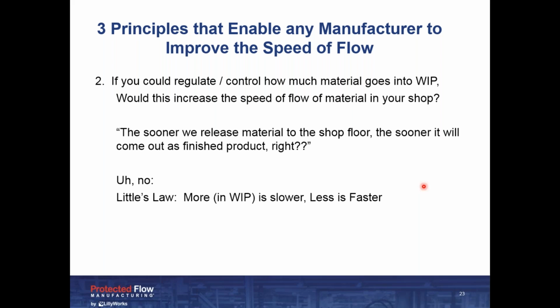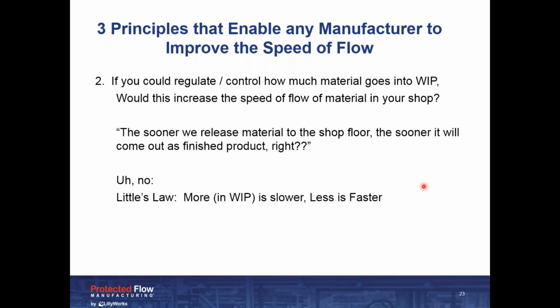The fewer jobs I send out into WIP, the faster any one of those jobs is going to flow through all of its resources, all its operation steps to get done. Okay. Now there's a balance point, obviously. We don't want to send too little that we're starving WIP and people don't have anything to do, obviously. So there's a balance point.